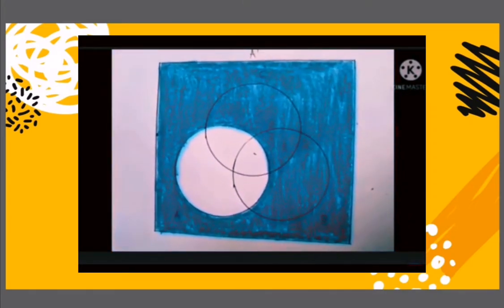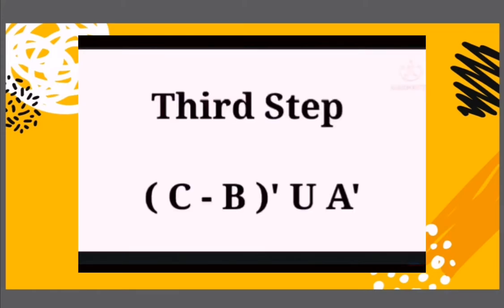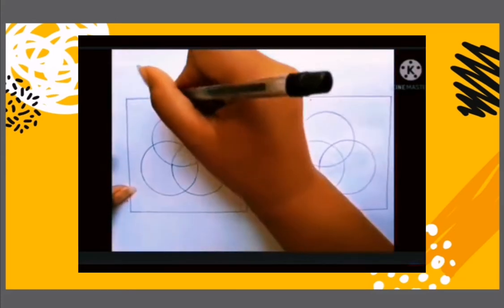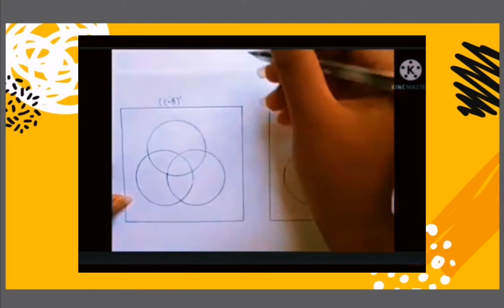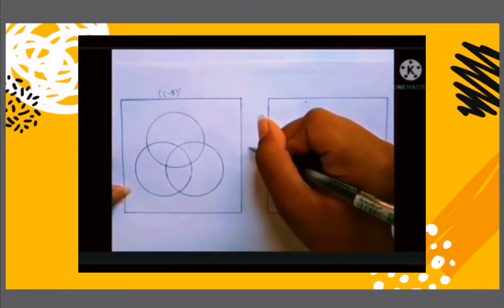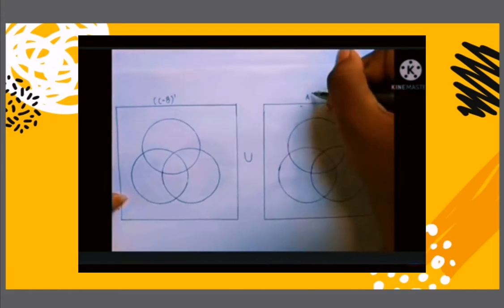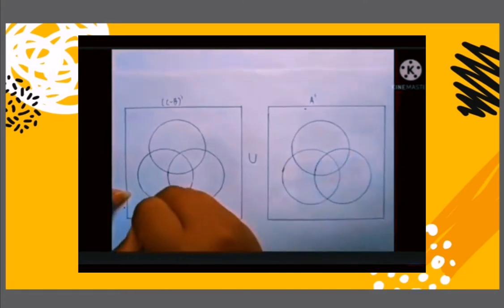So this is set A complement. Third step is we need to find C minus B complement union A complement. First, we must show set C minus B complement and A complement. And after that, we need to union or combine their similarities.